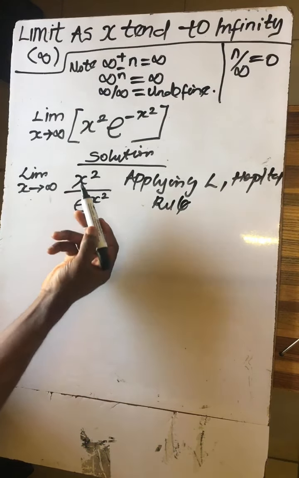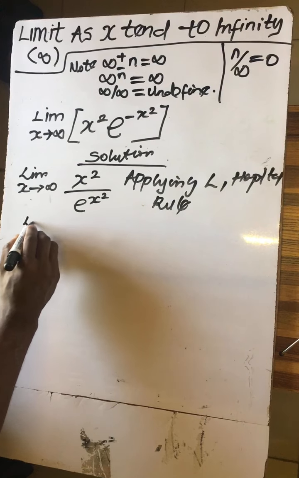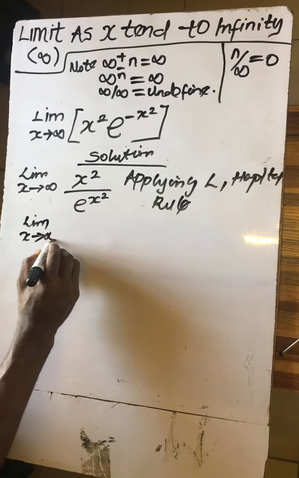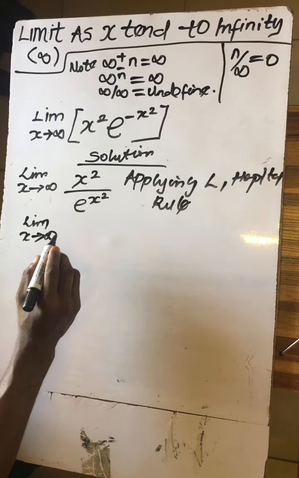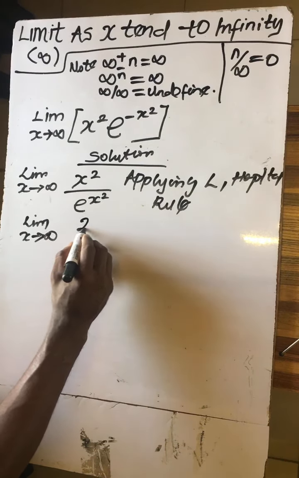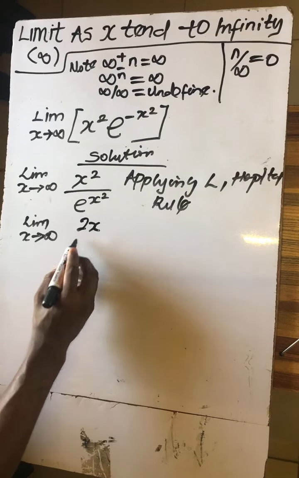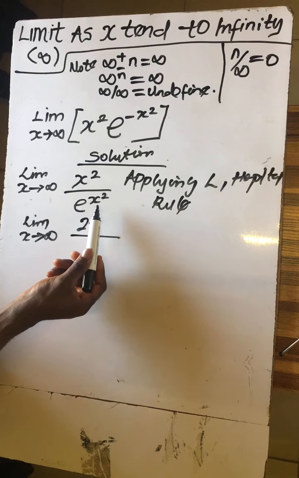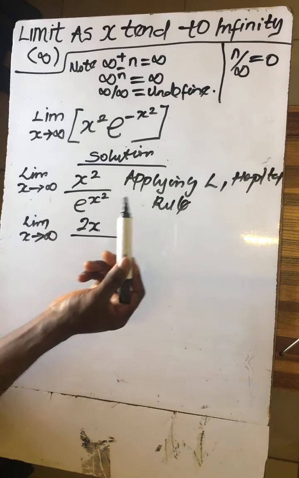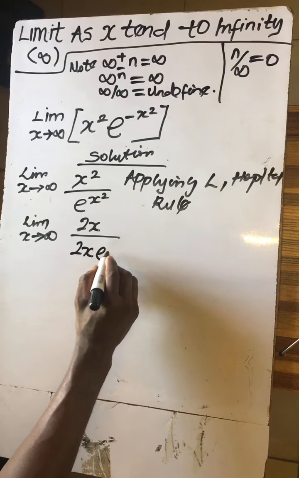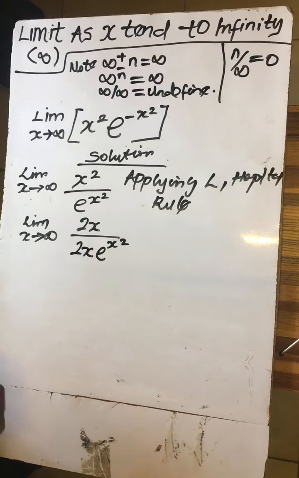So when we differentiate x squared, we have the limit as x tends to infinity; when we differentiate the first expression, we have 2x, divided by, when we differentiate exponential x squared, don't forget our chain rule here, so we have 2x exponential x to the power of 2.